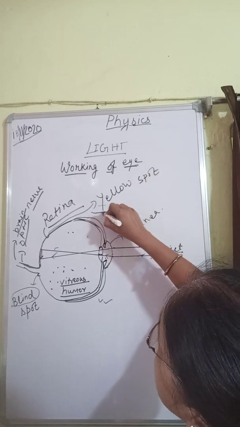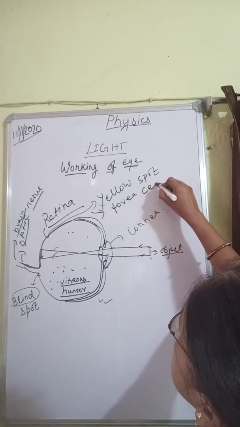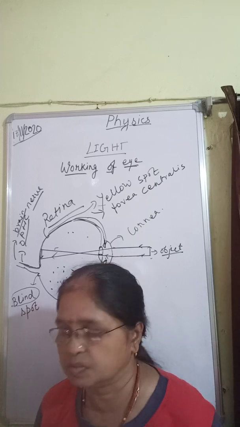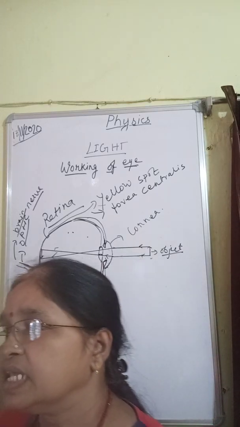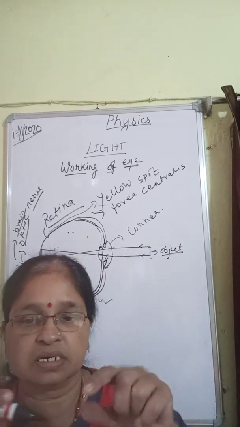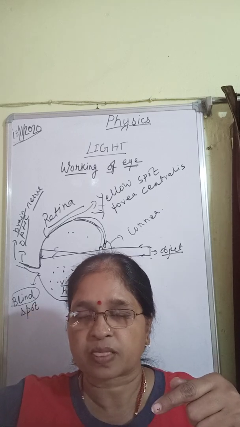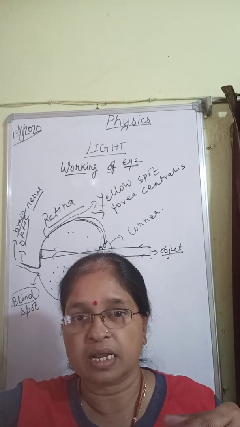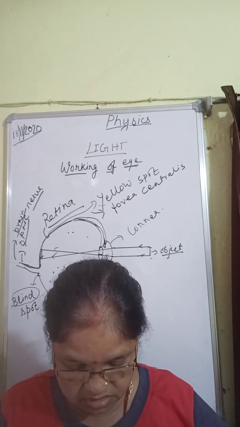or Fovea Centralis. What is this responsible for? Students, if I say take a scale and sketch a 5 centimeter line, you put the scale and draw the line. But actually you have to concentrate.